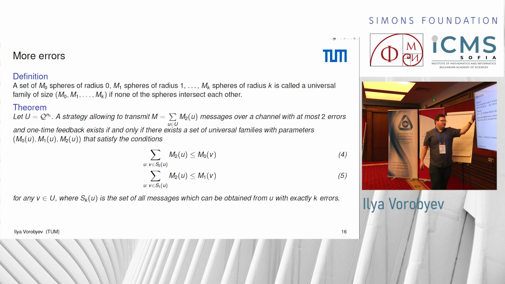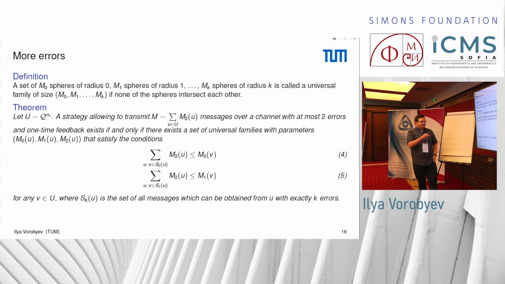And for example, we can generalize the theorem from the beginning into the case of 2 errors. You can generalize it for the case of k errors as well, but I just wrote it down for 2 errors. So again, we can transmit this number of messages. This is the sum of m_i of u, where m_2 of u is the number of spheres of radius 2, and we need to have some conditions. Yes, and then we can have such a code.